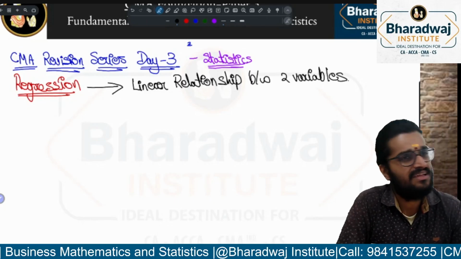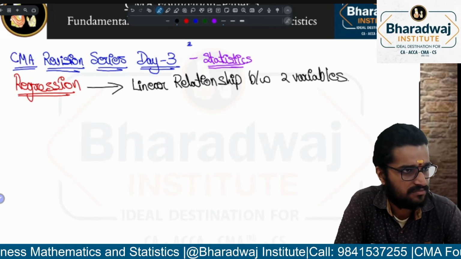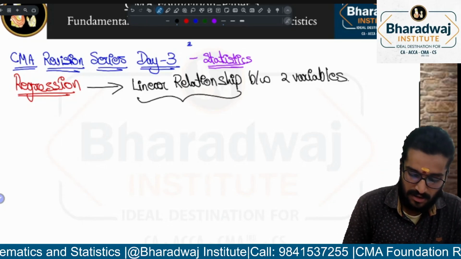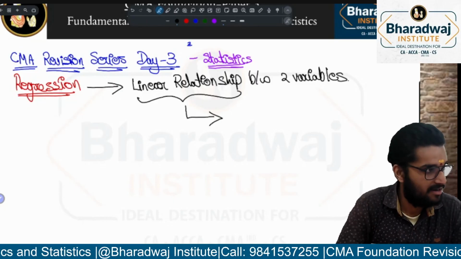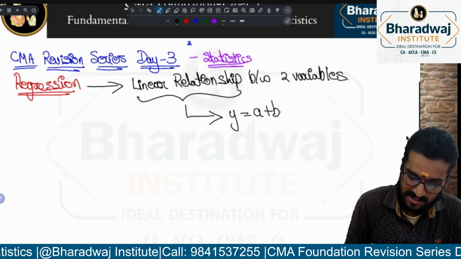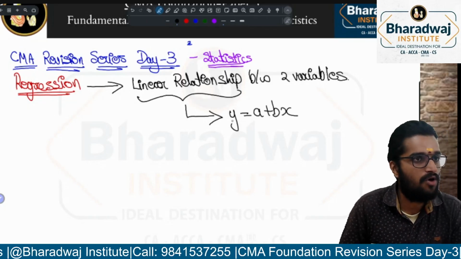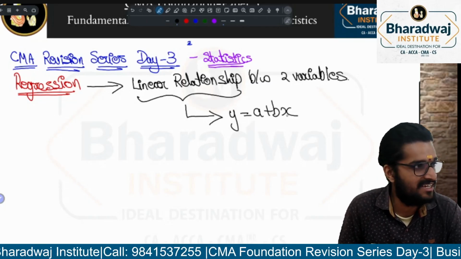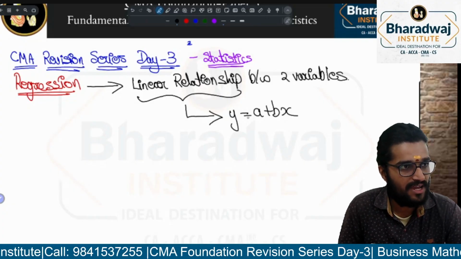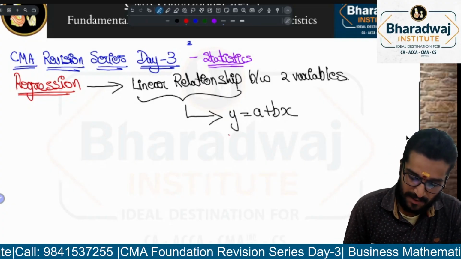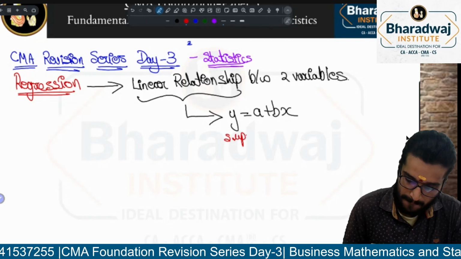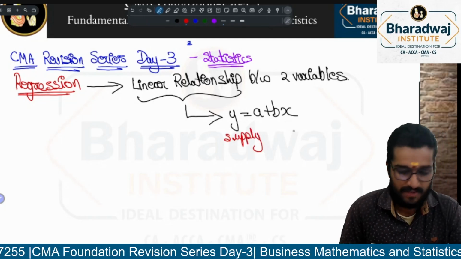What is meant by a linear relationship between two variables? It will give you a line, y equals a plus bx, which gives you the value of y for every change in x. For example, if y is supply, then x can be demand.